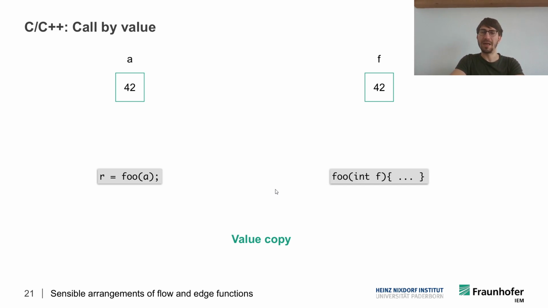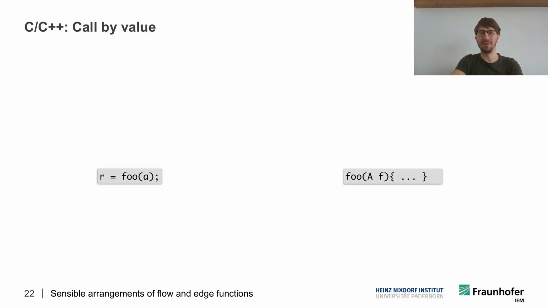And the same happens for composed data types. Now consider you are passing a whole structure. So a is now not a primitive type, but a structure type. Structure or class doesn't really matter.